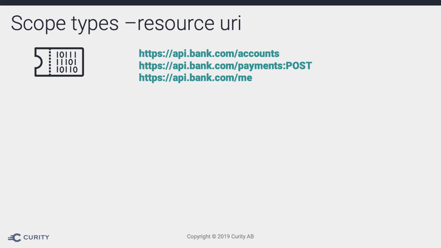So that might need some other URI, like the payments one, giving me the possibility to do POSTs to payments. And here we go into the same type of thing as with the static string, with list releases, that now we need multiple URIs for each operation that's possible to do on an API, which probably leads to scope explosions.